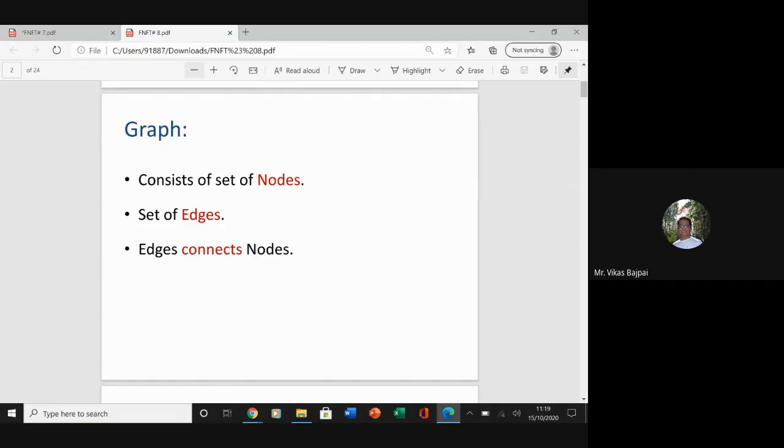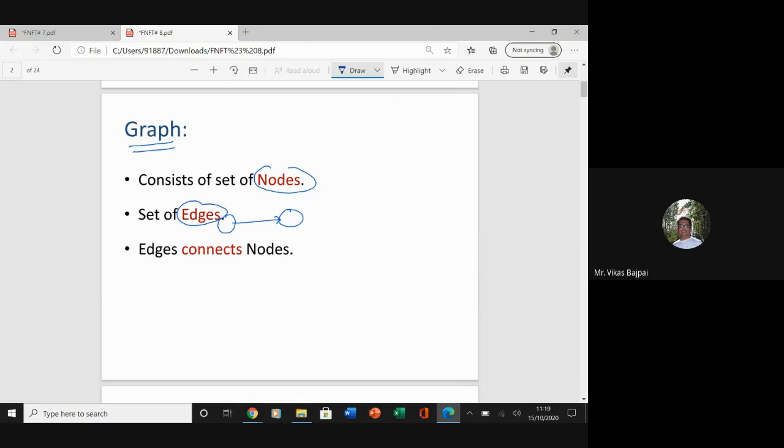When we talk about a graph, we have nodes and then we have edges, and these edges are connecting your nodes, and we are talking about control flow.